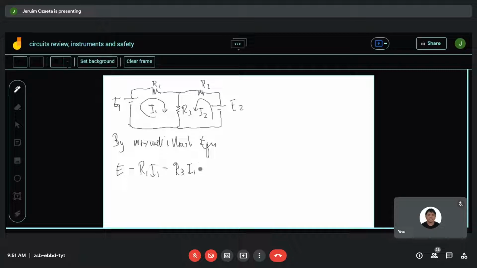So we can say, due to this loop, you have R sub 3 I sub 2 equals 0. This is for mesh 1.